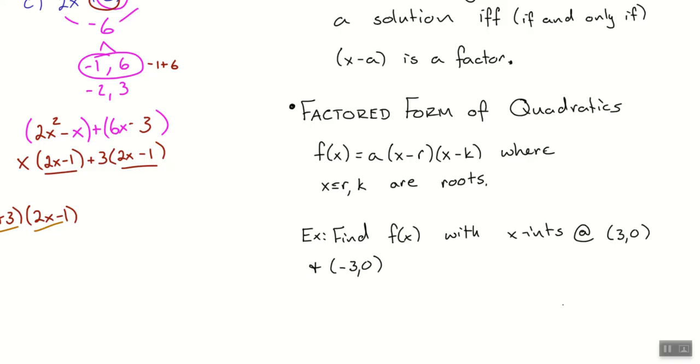And beyond just the x-intercepts, we also get a point on the graph, and let's say that this lovely point is (1, 2) on the graph. Okay. We are looking for a function that has these x-intercepts and passes through that particular point.